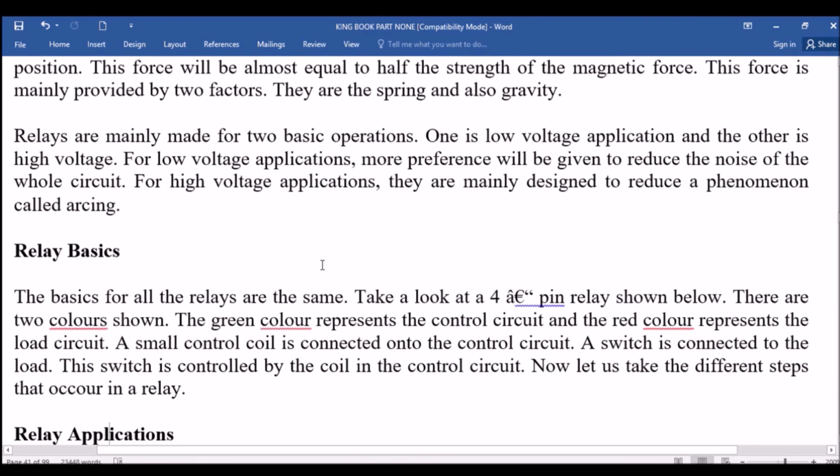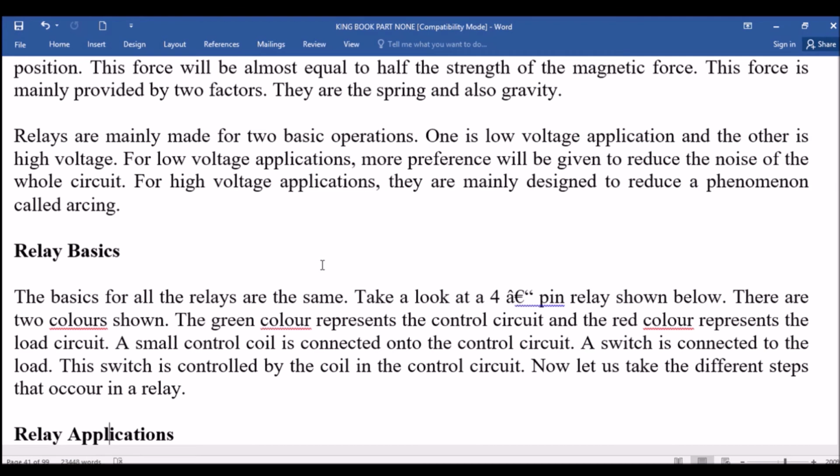Relays are mainly made for two basic operations. One is low voltage application and the other is higher voltage application. For low voltage applications, more preference will be given to reducing the noise of the whole circuit.